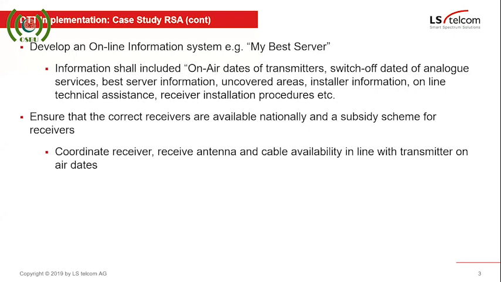And that should easily be picked up just going onto the web and having this first-hand, updated information online. There should also be technical assistance on how an installation should be done, where the receivers can be obtained. There should be guidelines on what the best practice is for installation.